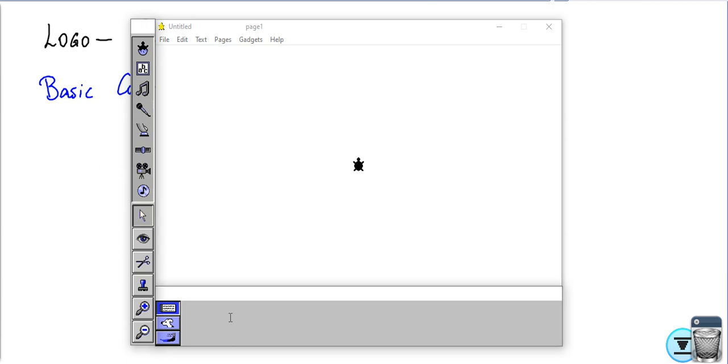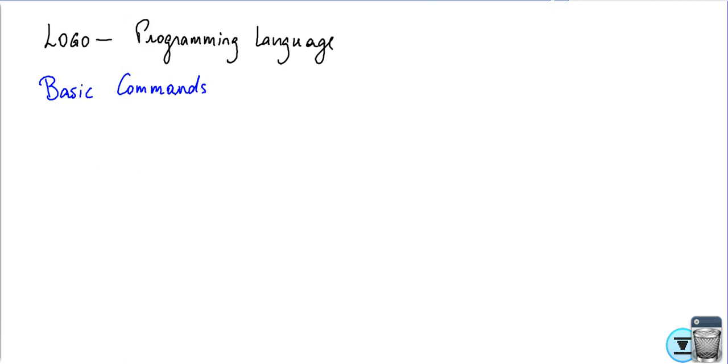So what are the basic commands, which the turtle already knows? We don't need to teach them to the turtle, but she already knows them. So these basic commands are the following. First of all, forward and backward.